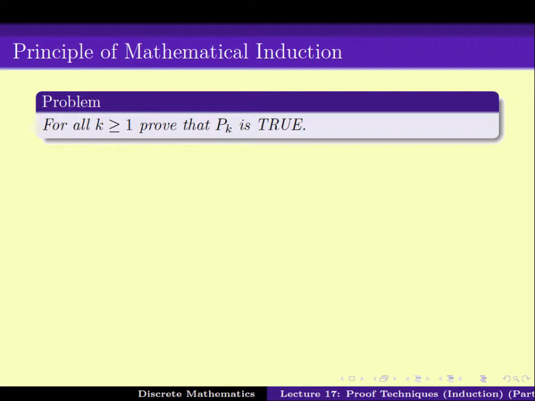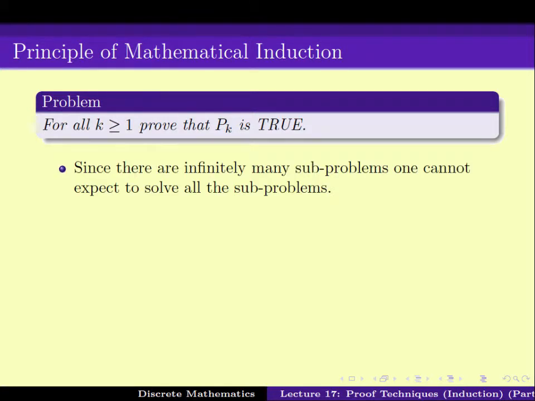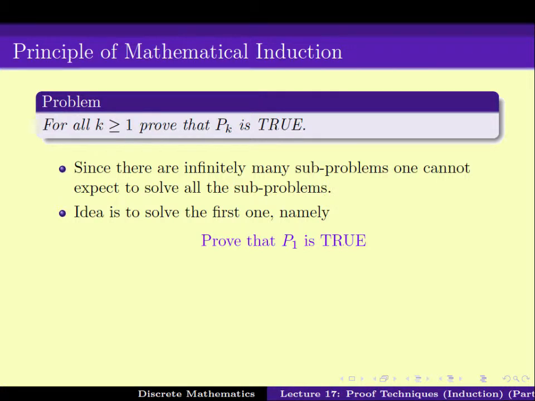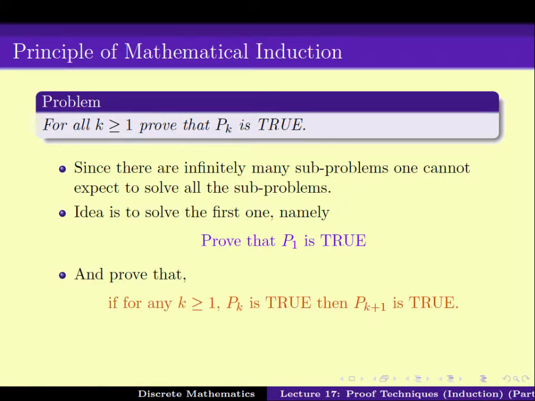So usually the idea is that since there are infinitely many subproblems, one cannot expect to solve all the subproblems separately. So instead, we start with proving the first problem. Now, after we prove the first problem, the idea is that if we can prove that for any k greater than or equal to 1, if Pk is true, then Pk plus 1 is true, then we would basically be proving for all cases.